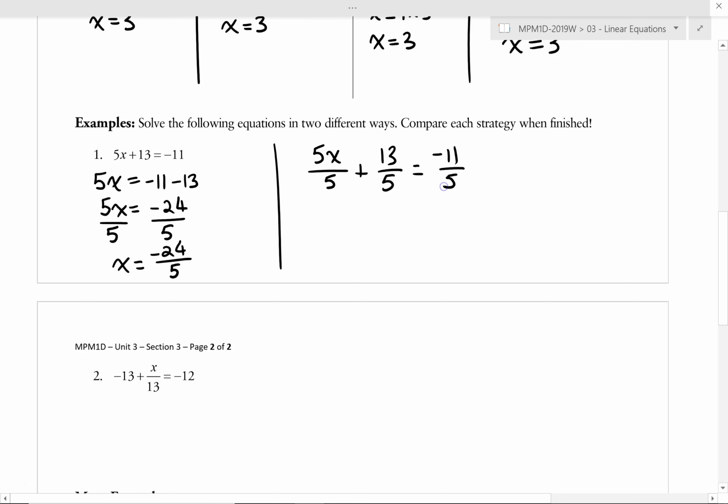And so then we'd end up with x plus 13 over 5 equals negative 11 over 5, and this isn't horrible. It's nothing that we couldn't do. However, we do end up with fractions, and we have to move fractions around. So it's a little better, like I said, to move that 13 first.